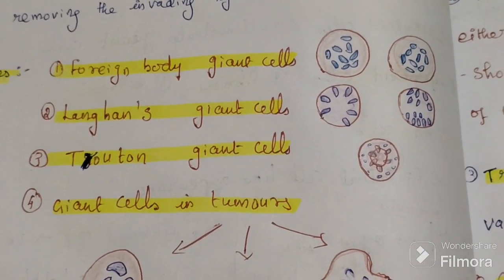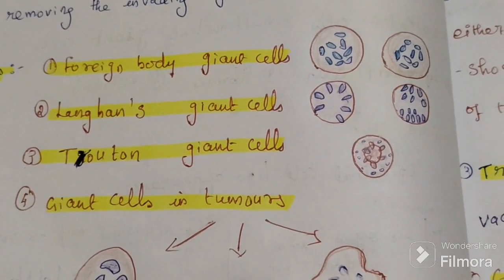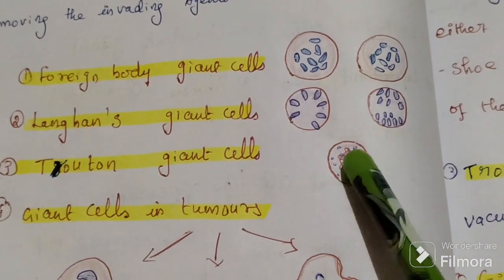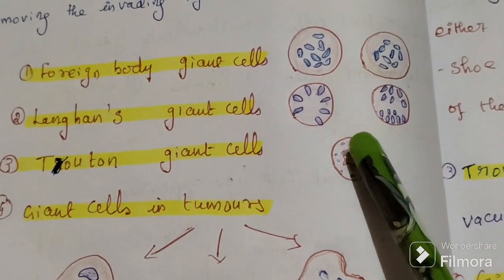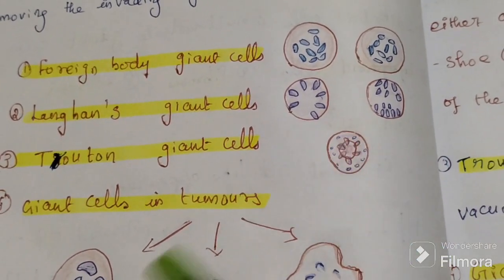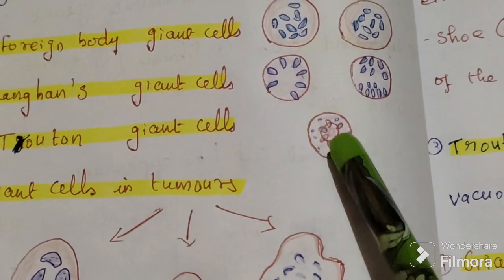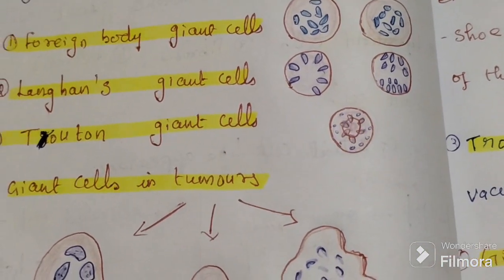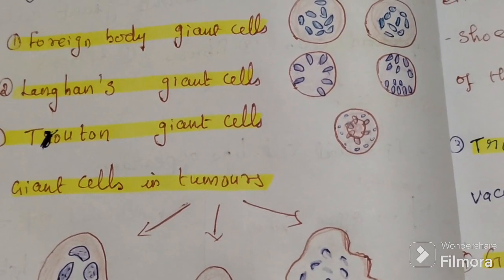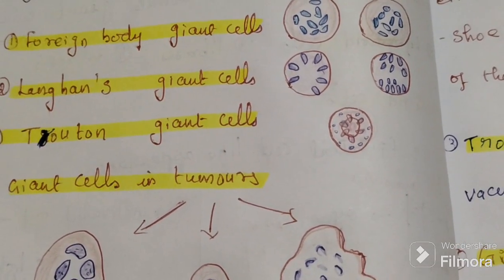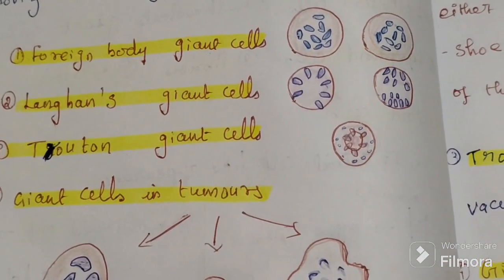The third one is the Touton giant cell. Here the cytoplasm contains vacuoles, and the nuclei form a ring at the center, multiple nuclei in a circle.